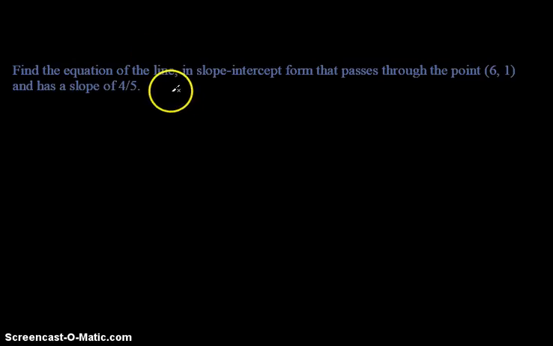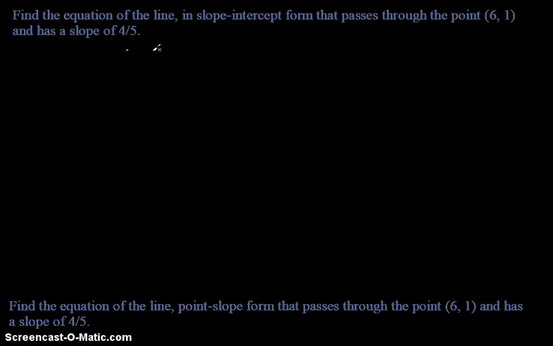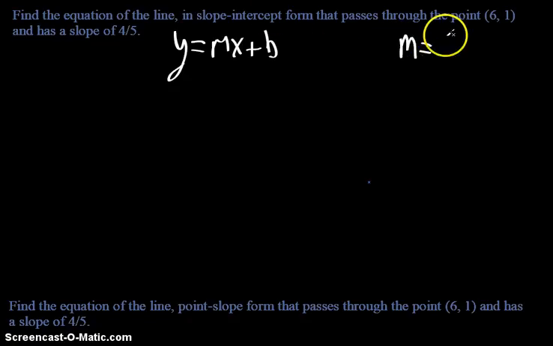We're just going to write down again what our equation is. Y equals mx plus b, because that's what they're asking for. And now we'll write down our given information. So I know from this that my slope given to me is 4/5.